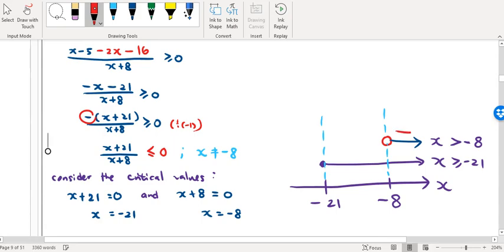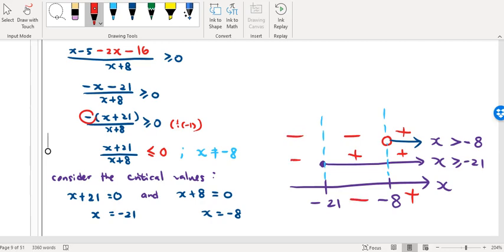With lines is positive, with lines is positive, so positive, positive, positive. Without line is negative, with line is positive, so negative, positive, negative. Without line is negative, without line is negative. So negative, negative, positive.